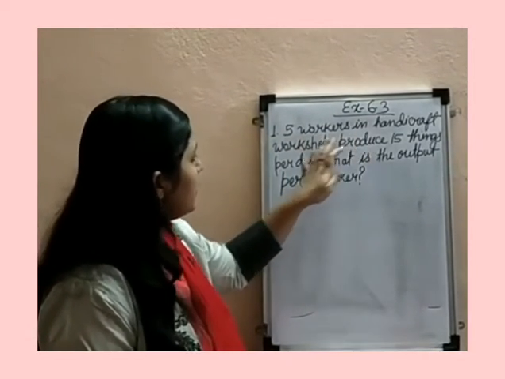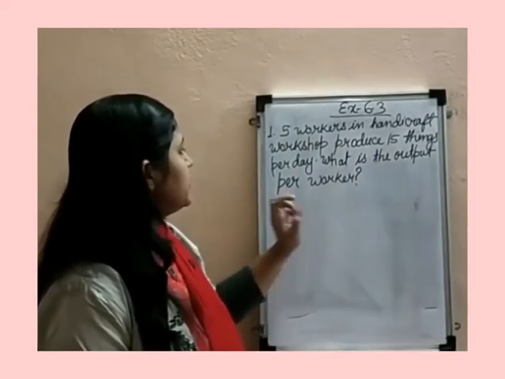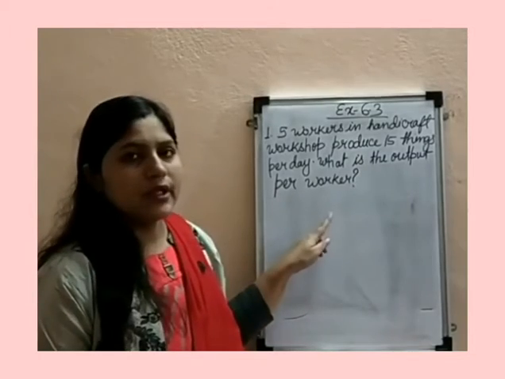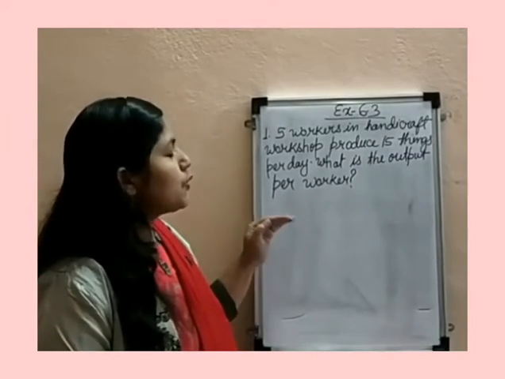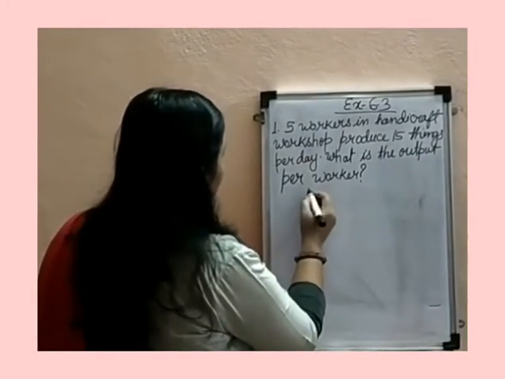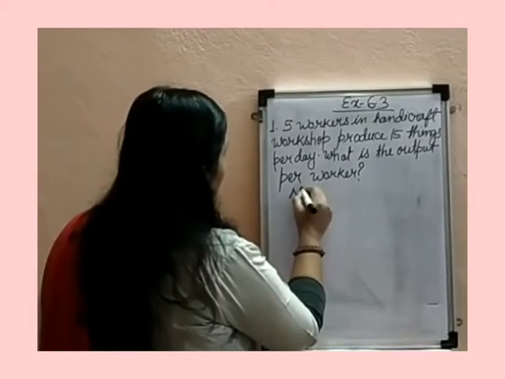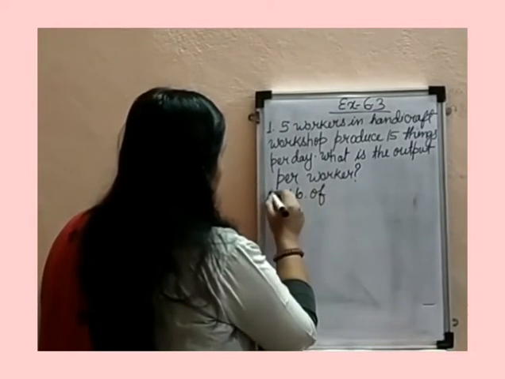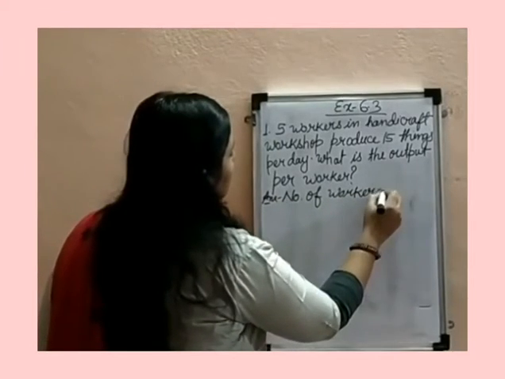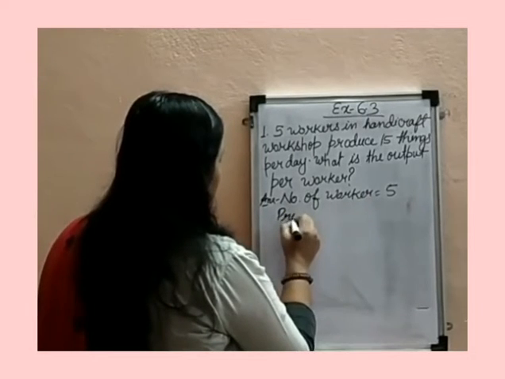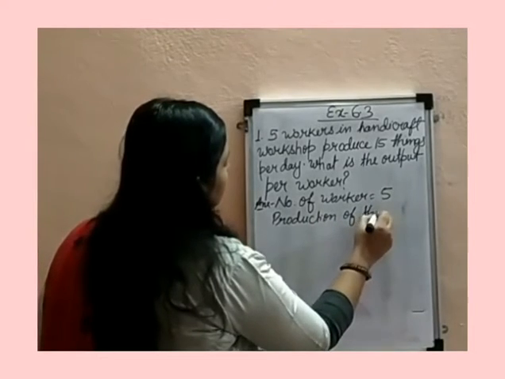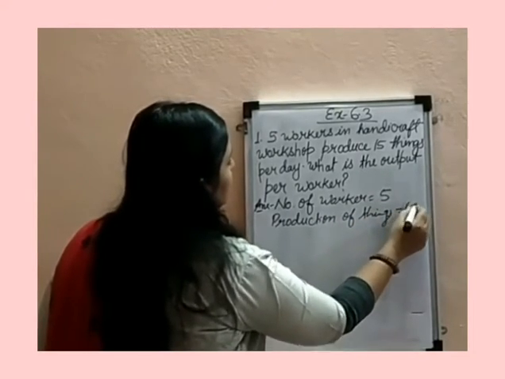Exercise 6.3, question number 1. 5 workers in a handicraft workshop produce 15 things per day. The question is, what is the output per worker? It means we need to find out the production of things of one worker. Number of workers equals 5, production of things equals 15.